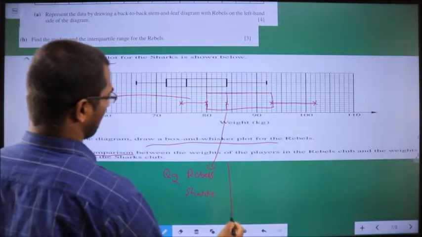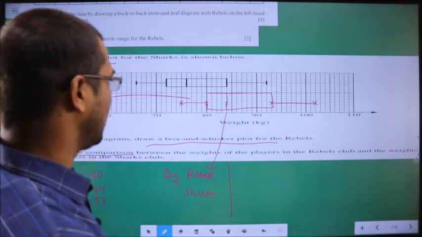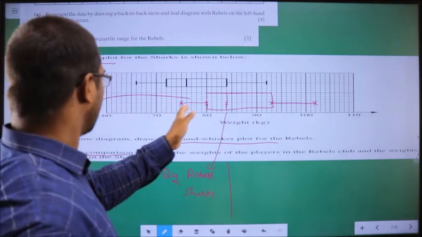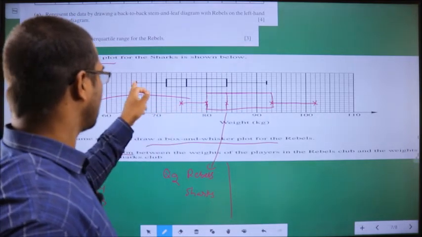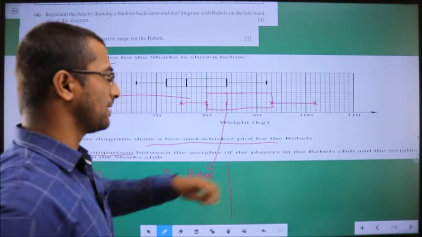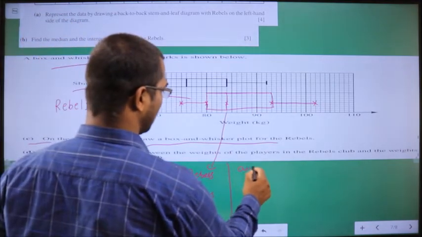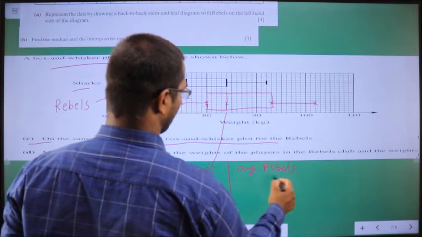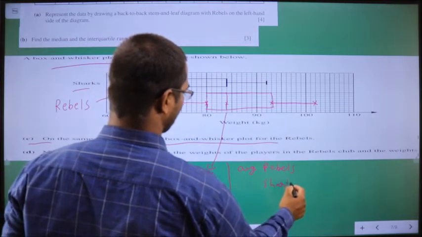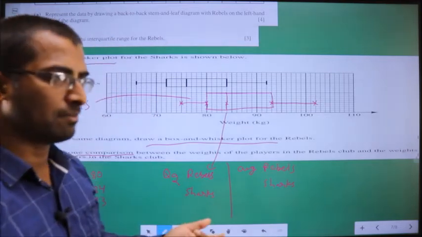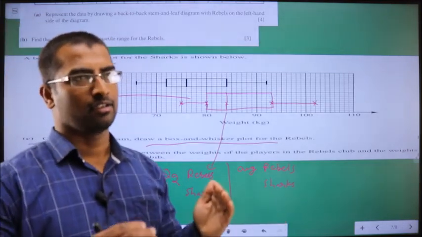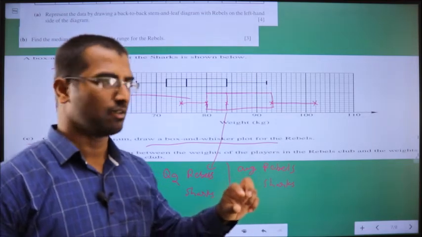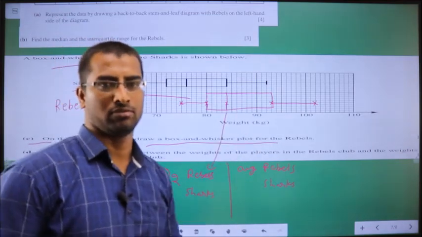Other thing you could say is, since for the Rebels minimum is larger than the Sharks and also maximum, average weight of the Rebels will be more than for Sharks. It's only for 1 mark, so write a statement. Any one statement will do the work. One statement, one comparison between the two.